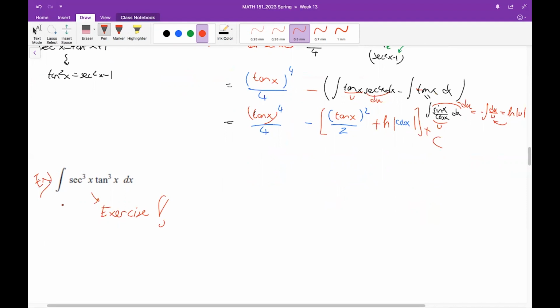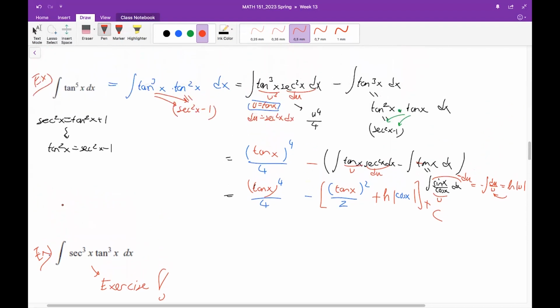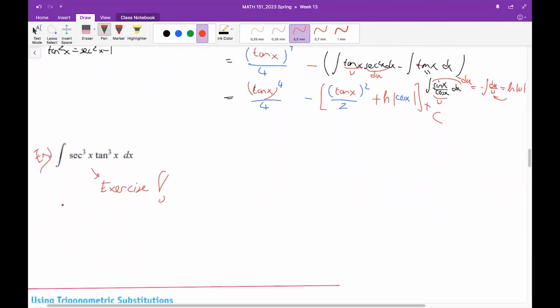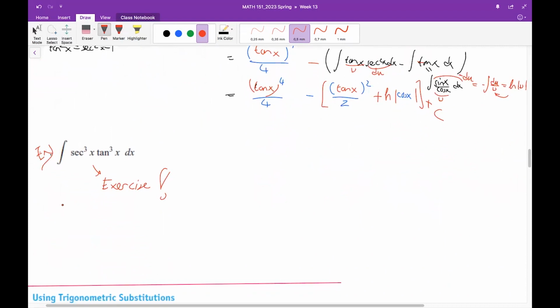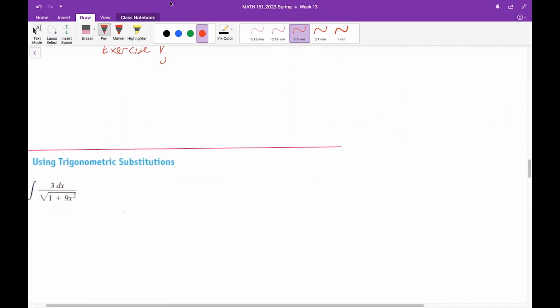You should get your hands dirty to get used to integrating such functions. So this is the solution of the previous example. You should solve this by yourself. Take your pens, pencils, and write the solution on your own. Okay, let me move on if no questions.